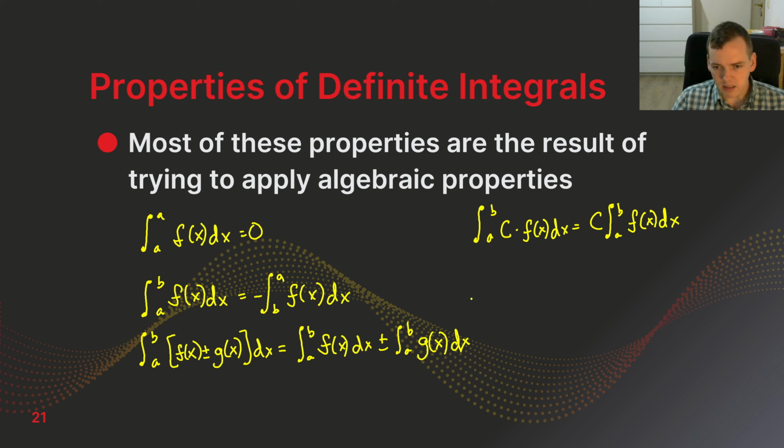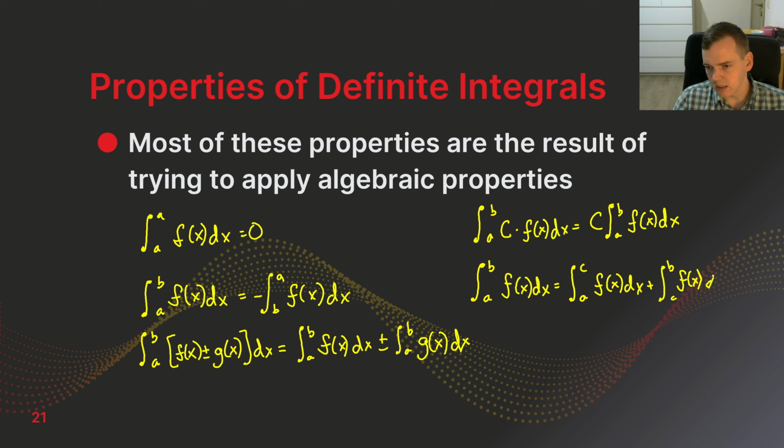And then lastly, this is the most interesting and useful one. If I integrate from a to b of f of x dx, I can split that up into the integral from a to c of f of x dx plus the integral from c to b of f of x dx.